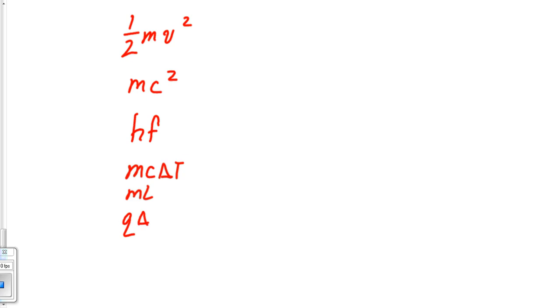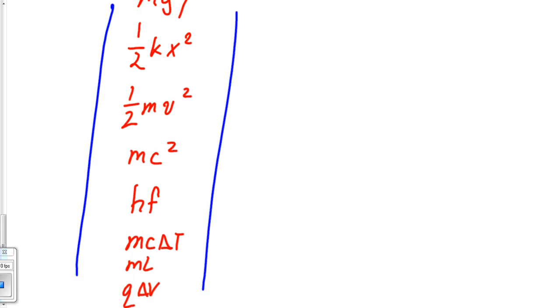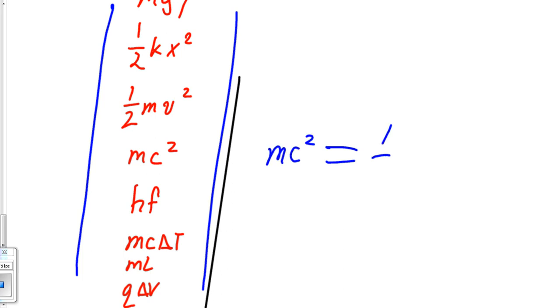q delta V. Guess what? It means out of all these equations, any of these can be set equal to anything. You could make mc squared equal 1/2 mv squared. Why? Because they both come out to joules. You could make mc delta T equal hf.